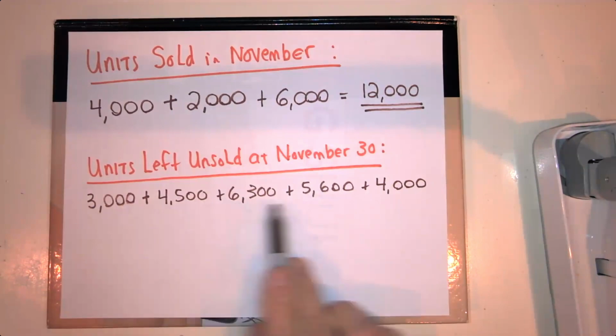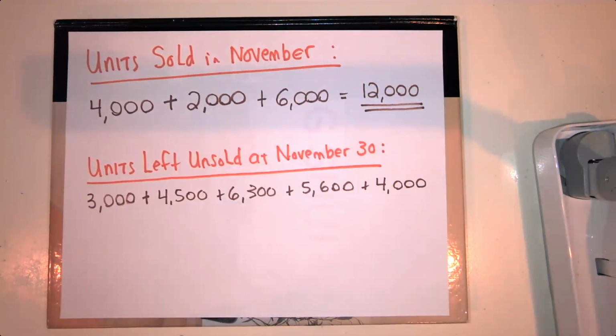I think if you were to add all those up, that's going to give you 23,400 units. That's what we could have sold. That is the total amount we had available.